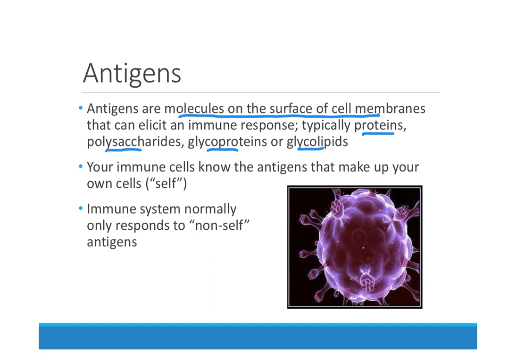The antigens serve as markers that identify cells as belonging to yourself, so they are your own cells, or they don't belong to yourself. And your immune system normally only responds to cells that are marked with not the correct signposts. They're marked as non-self cells, and then your body knows this is potentially a foreign invader and needs to be taken care of.